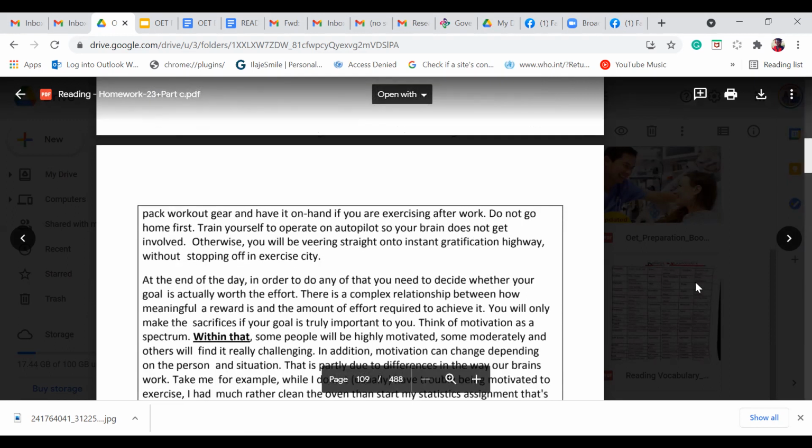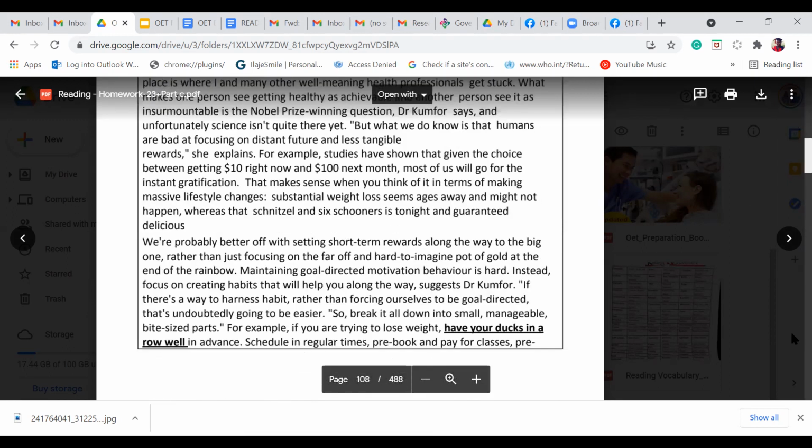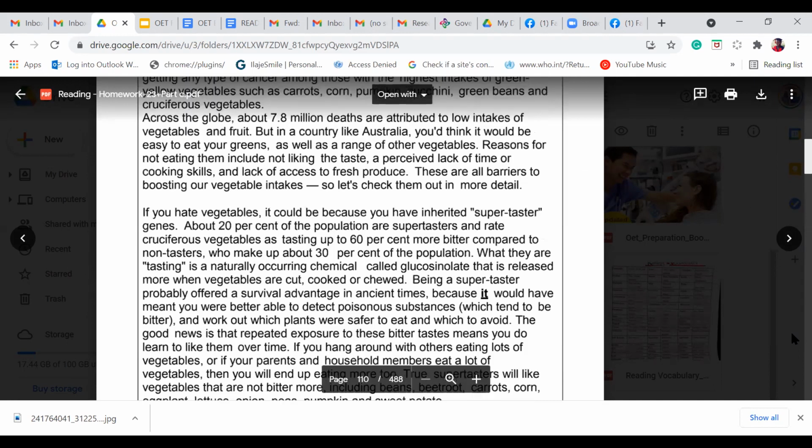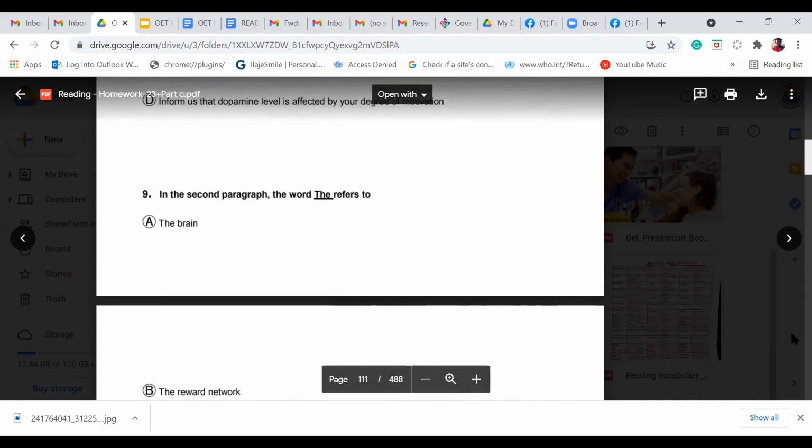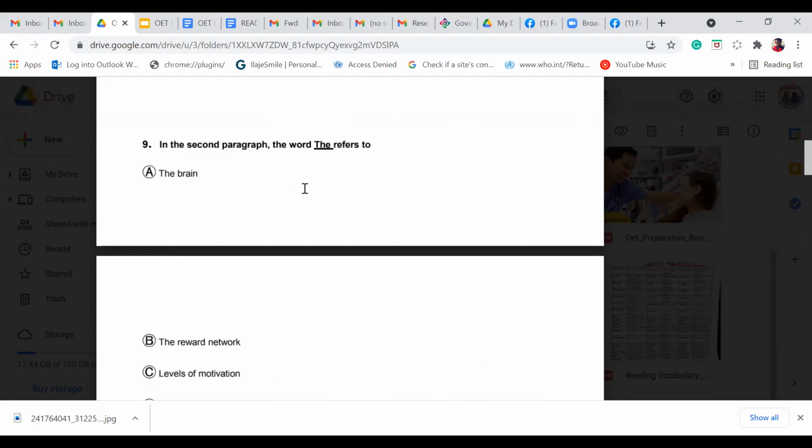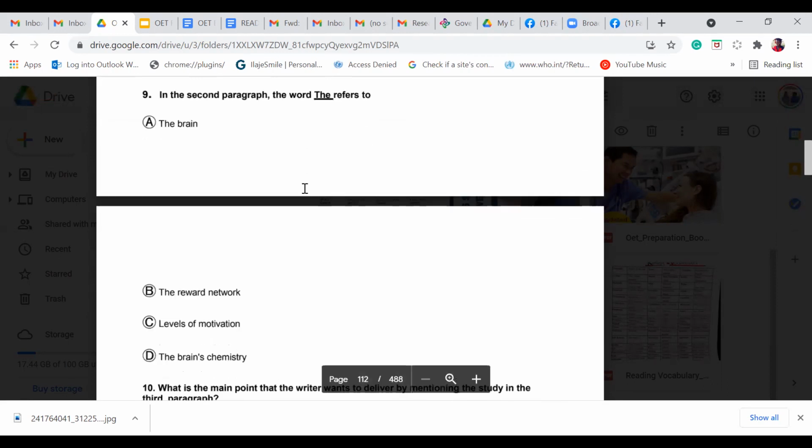All right, let's go to the third question. Question 9. In the second paragraph, the word D refers to: is it the brain, the reward network, levels of motivation, or the brain chemistry?